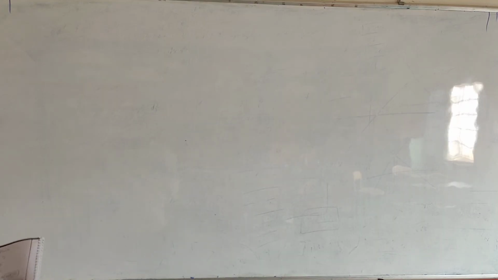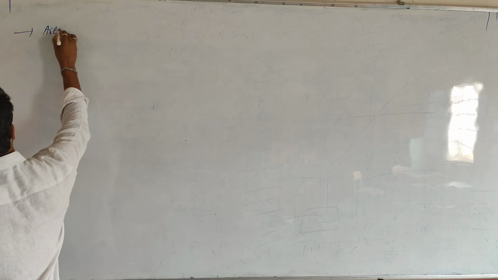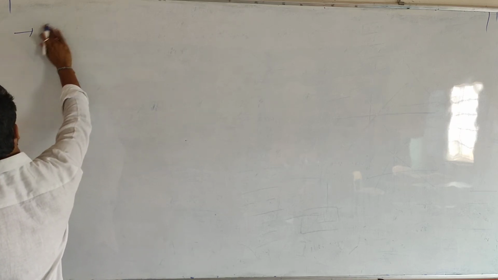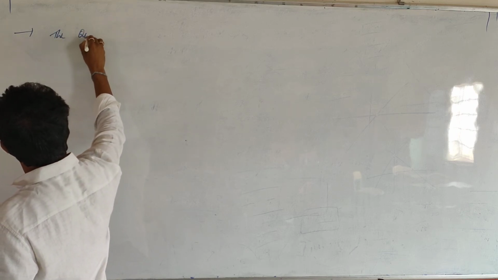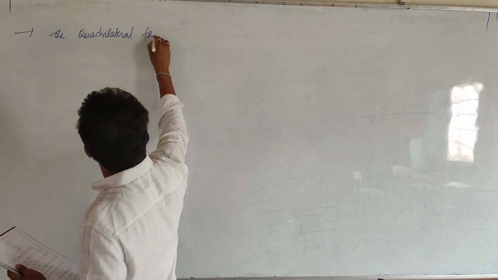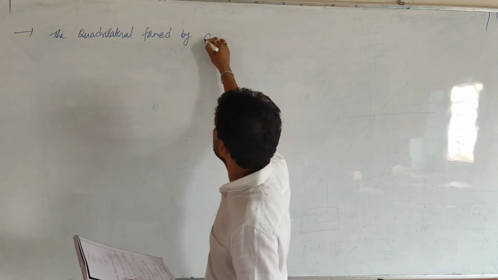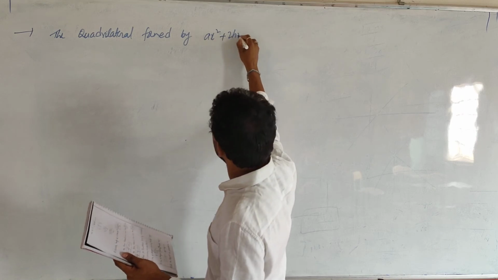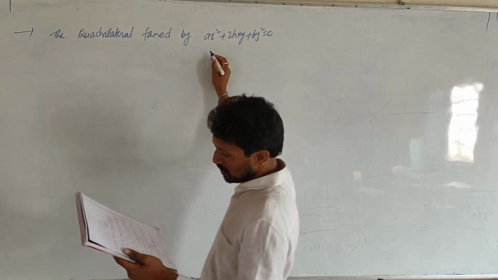Next concept. Area of the quadrilateral formed by ax square plus 2hxy plus by square is equal to 0.